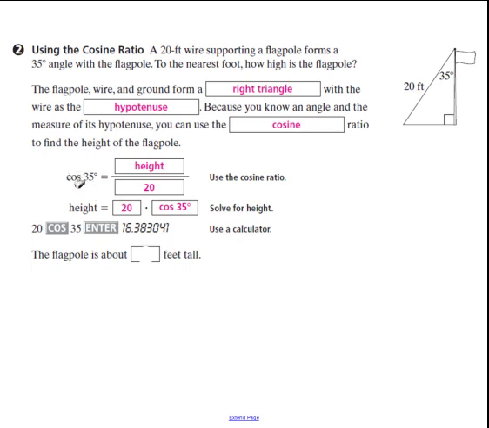When you do cosine and sine, it's very particular that if you have an angle in there, you have to just leave it at that angle, do the cosine of that angle, then you can multiply it by some value. So do cos 35 in your calculator, then multiply by 20. You'll get 16.38, or about 16 feet tall if we're rounding.